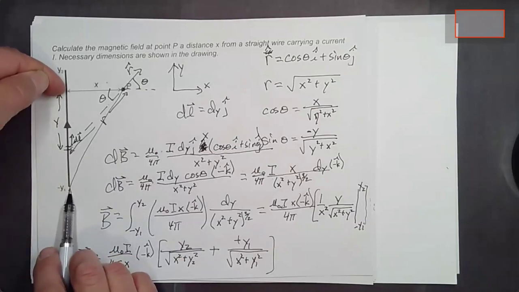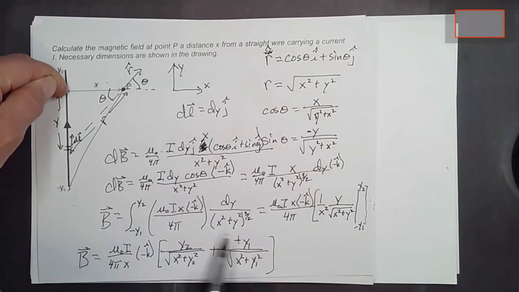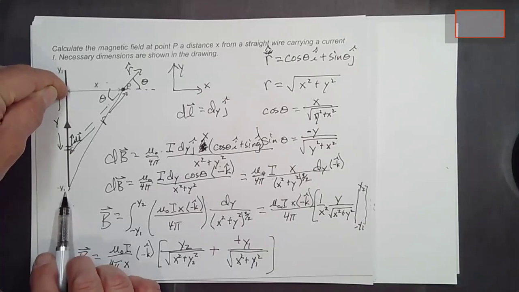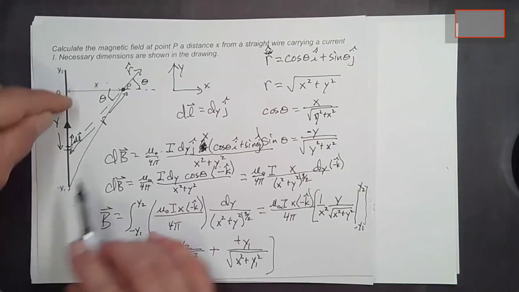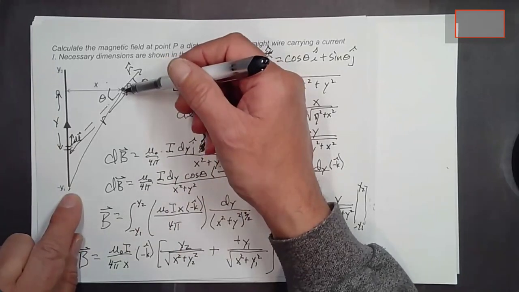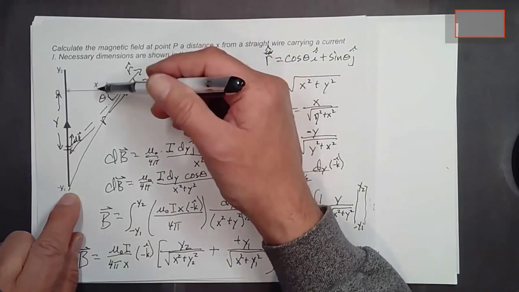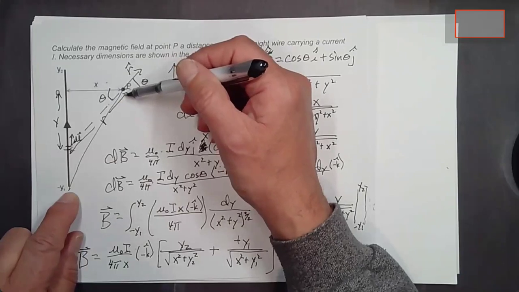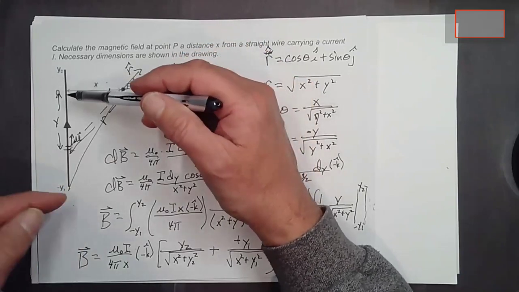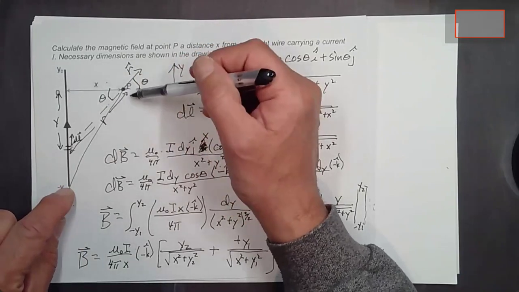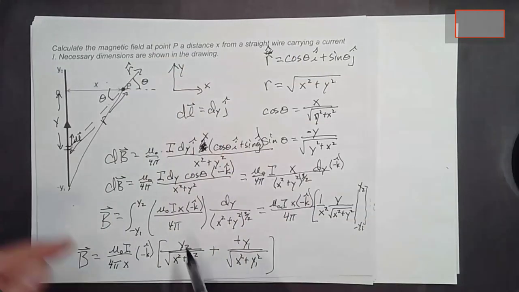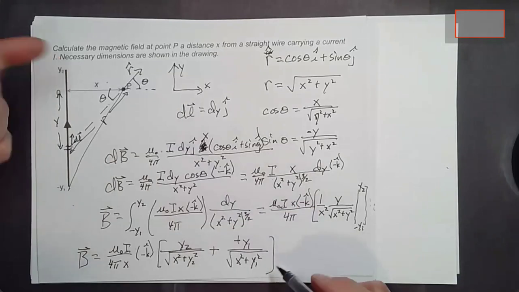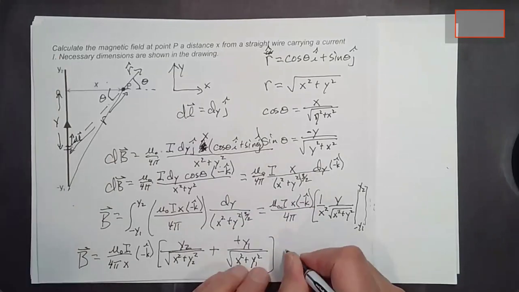y1 is this distance down here. Minus y1 is what showed up in the integral, but y1 is this distance. This is the square root of x squared plus y1 squared. Well, this is the opposite side of that angle, and this is the hypotenuse. Up here we've got y2, but what this ends up being is this.